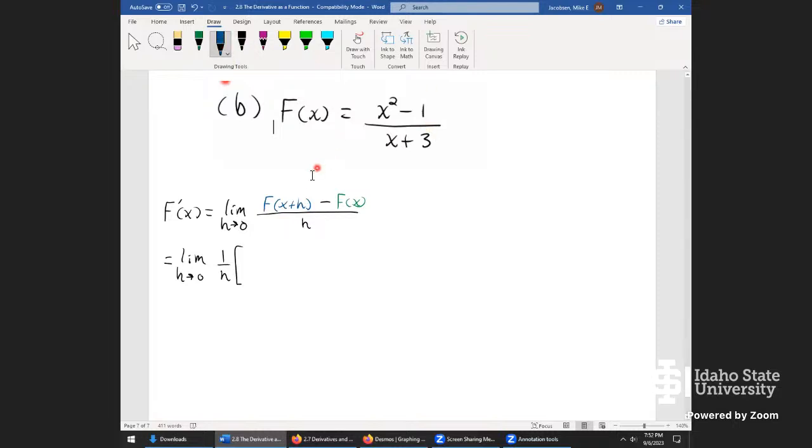Now, next thing, I'm going to put in f at x plus h using blue. That means I'm throwing x plus h here, and it comes in as x plus h squared minus 1 divided by x plus h plus 3. So those are my two substitutions from this original function here.